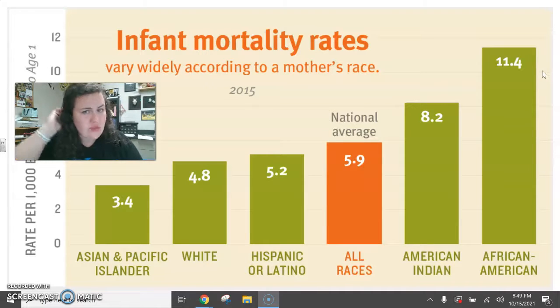So, I mean, it doesn't surprise me that African Americans have much higher infant mortality rates because they are marginalized and forcibly impoverished, and like, yikes. So, it's very unfortunate, but it's not entirely surprising.